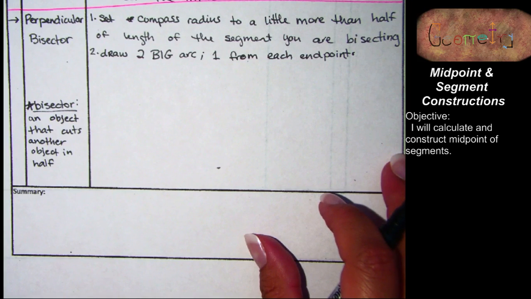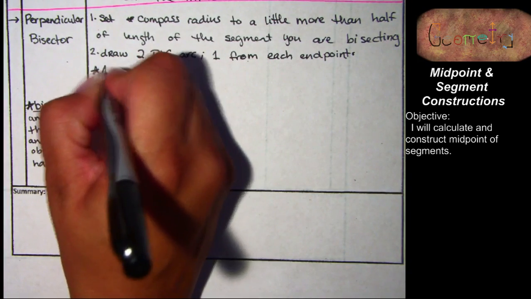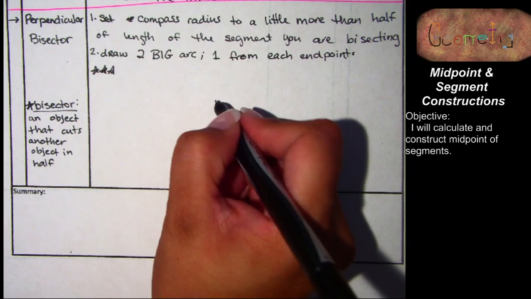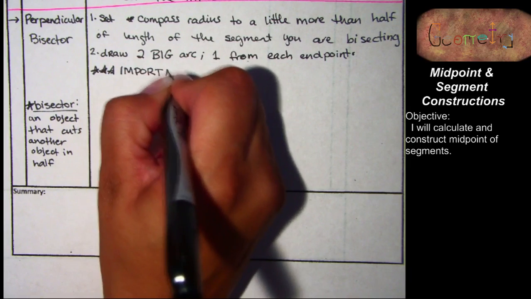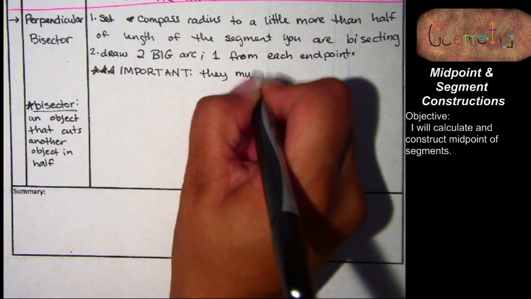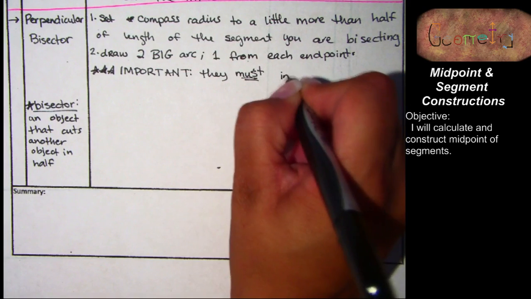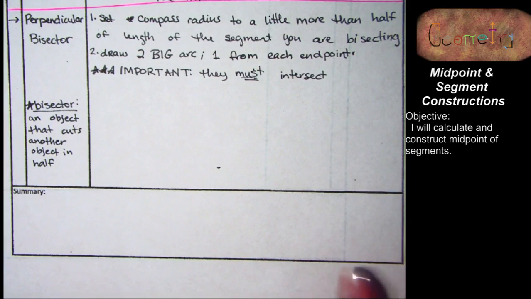It's going to look like a fish or an eye when we're done drawing it. It's super, super duper, 3 stars super duper important that when you draw these arcs, you make these arcs big enough so that they intersect each other. If you don't draw them big enough to intersect, you will never find where your bisector is.